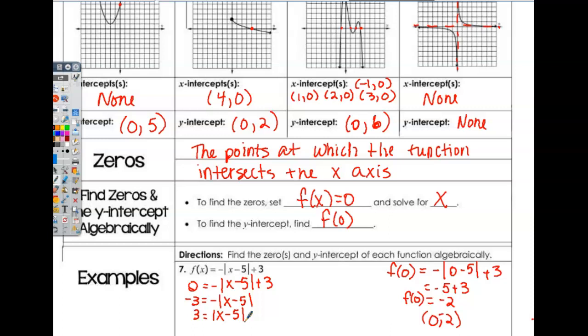We get the positive equation and the negative equation. So I'm going to get 3 equals x minus 5. And when I add the 5, I get x equals 8 for that one. So for this one, I get x equals 8.